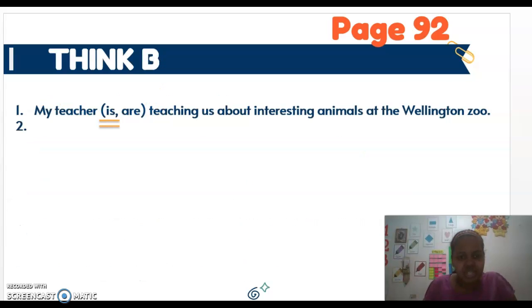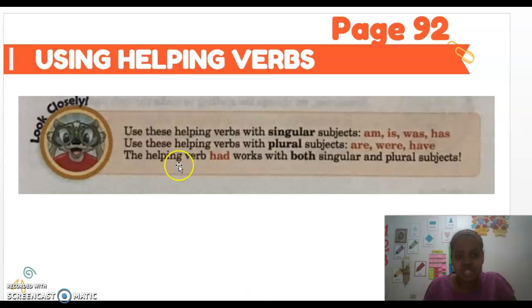Then in exercise 10B, what you're going to do is underline the correct form of the verb. The instruction says, use these helping verbs with a singular subject: am, is, was, has. Use these helping verbs with a plural subject: are, were, have. The helping verb had works with both singular and plural.